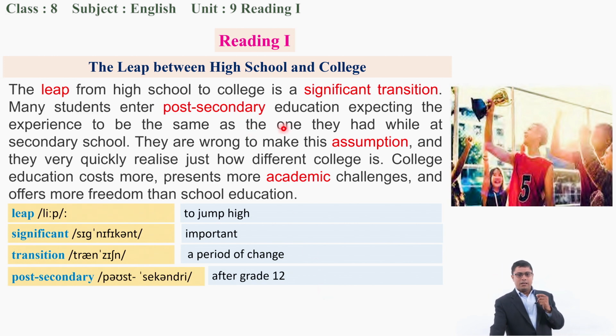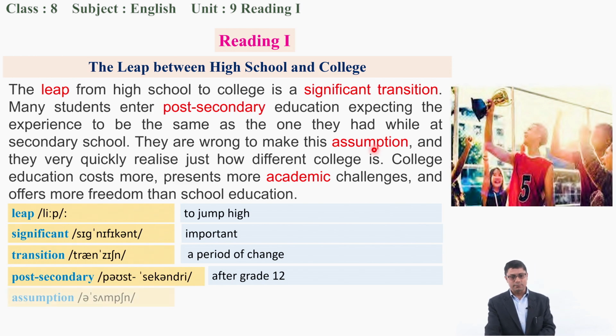So students expect the experience to be the same as the one they had while at secondary school. When they go to college, they think, oh, college life will also be similar to what we have in grade 9, 10, 11, 12. Many students think that way. But see there, they are wrong to make this assumption. What do you mean by the word assumption?